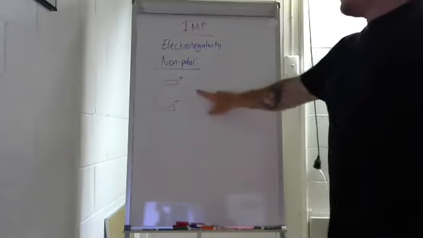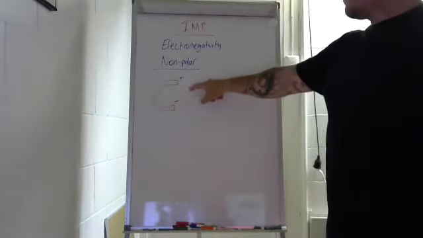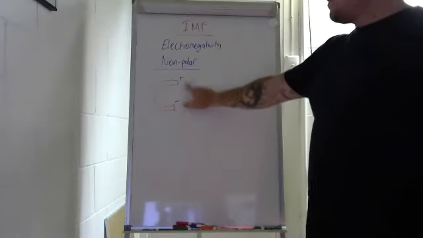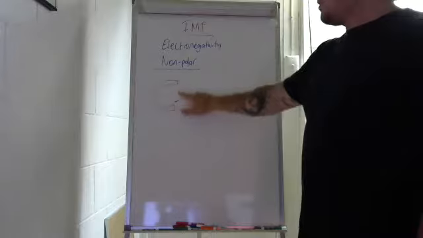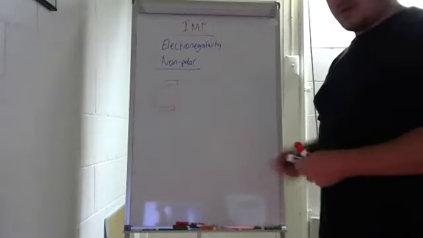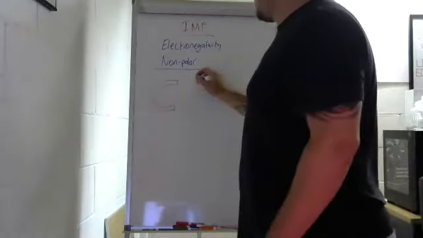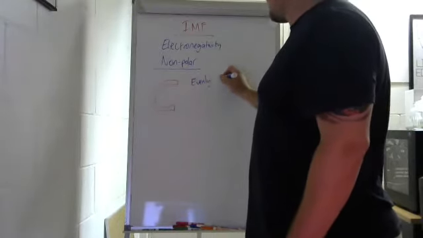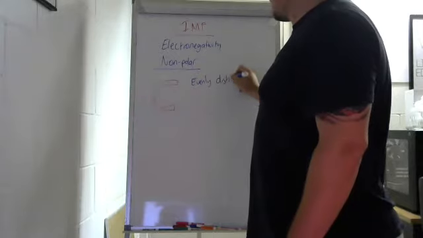So non-polar. A polar molecule has a positive end and a negative end. When it's non-polar, we have what's called an even distribution of charge. The electrons are evenly distributed.